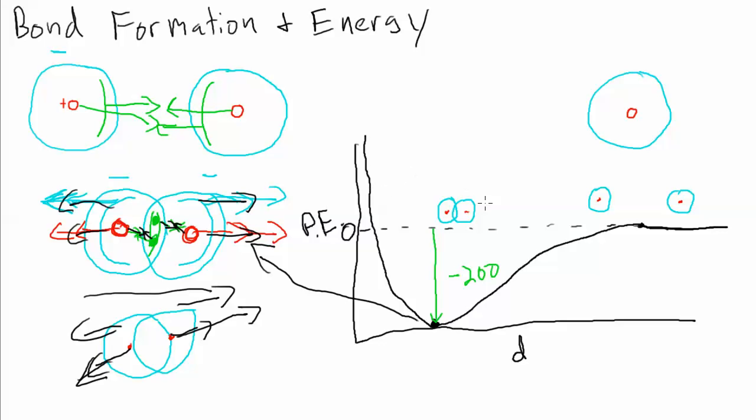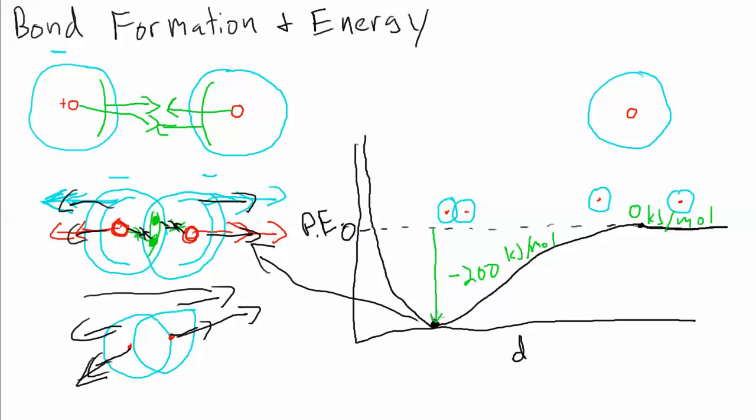We're just going to say it's negative 200 kilojoules per mole, which is a unit that we use to measure potential energy. So that is the potential energy of this bonded pair of atoms when their bond is most stable. And you can see when they're so far apart that they're not even interacting, the potential energy is 0 kilojoules per mole.